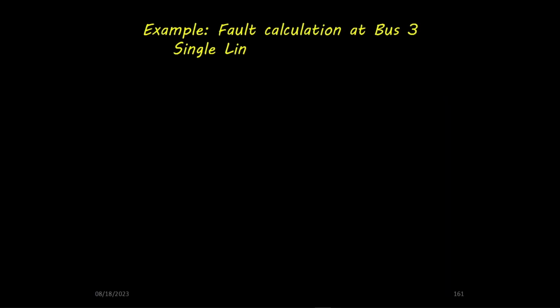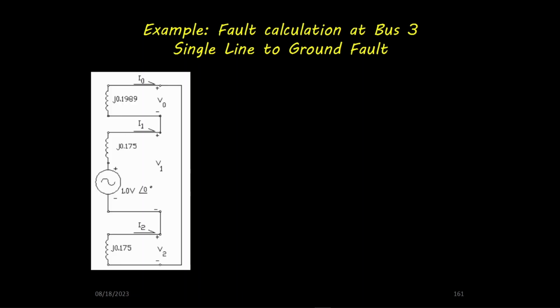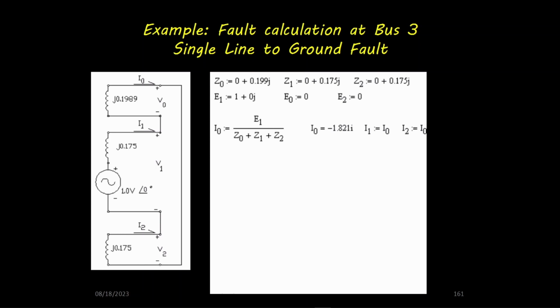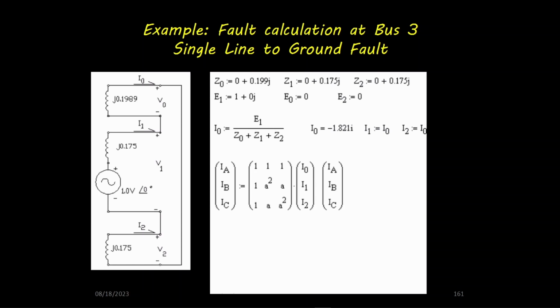For the single line to ground fault, all the sequence currents are equal. The sequence current is E1 divided by the sum of the sequence impedances. Substituting the sequence currents into the fundamental equations gives us the phase currents.